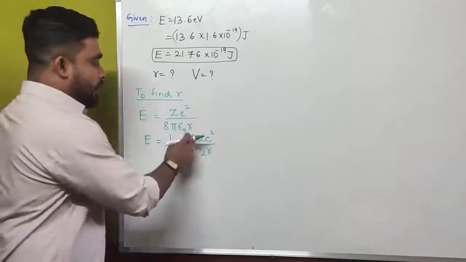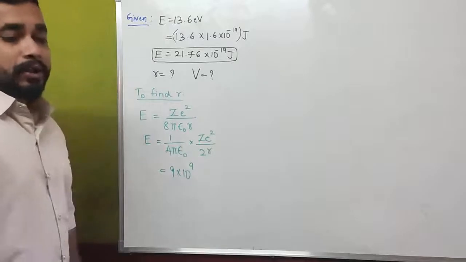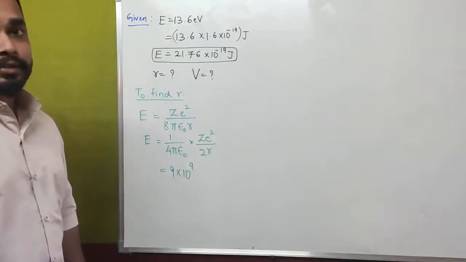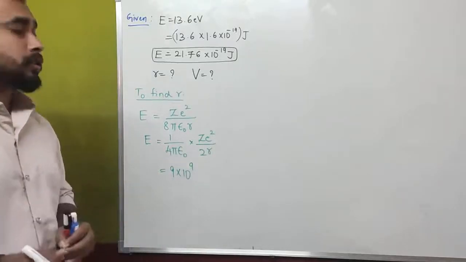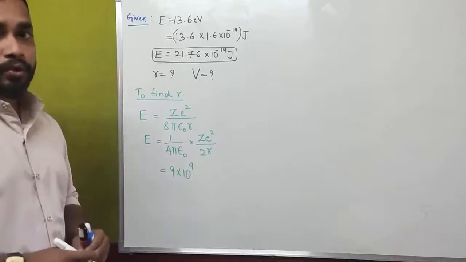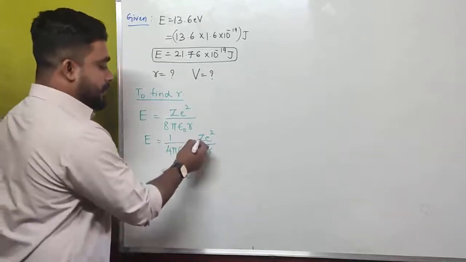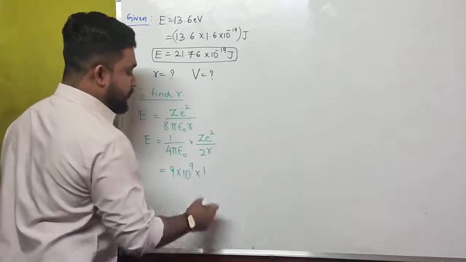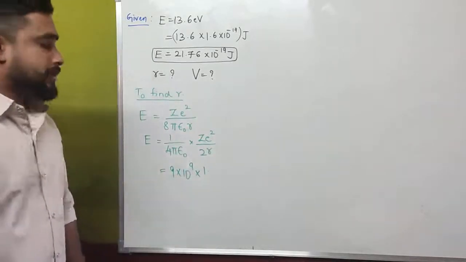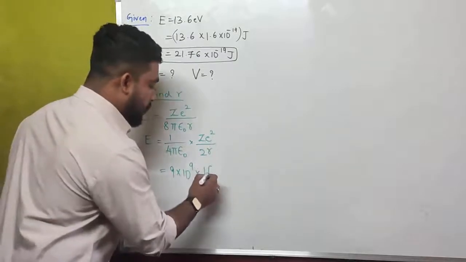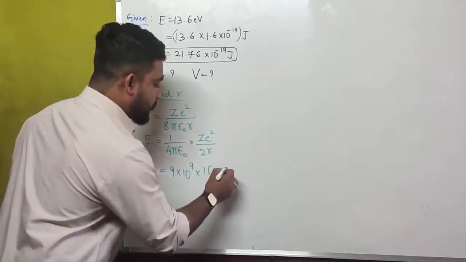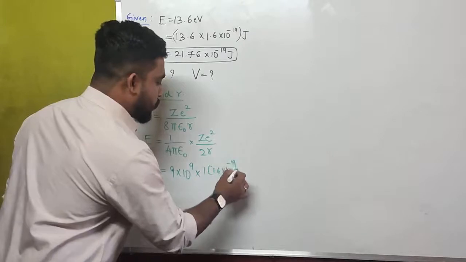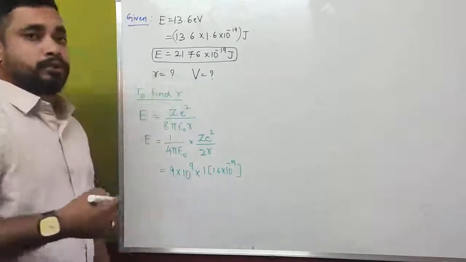Here, the value of Z is equal to 1 in the case of a hydrogen atom, because the number of protons inside a hydrogen atom is equal to 1. That is why we can consider Z as 1. What is the charge of the electron? The charge of the electron is 1.6 into 10 to the power of minus 19 coulomb. Actually we should know the constants.